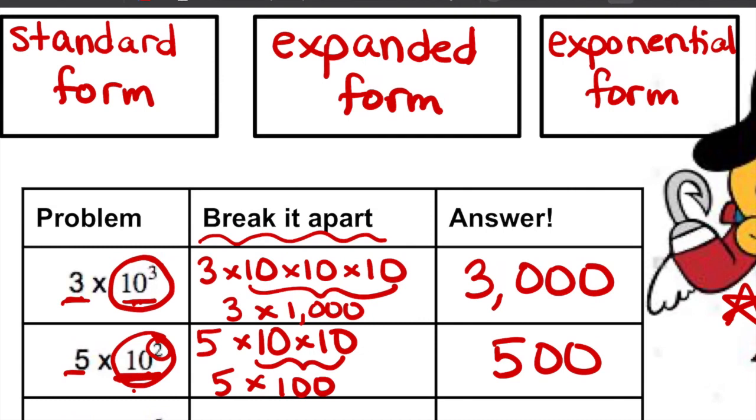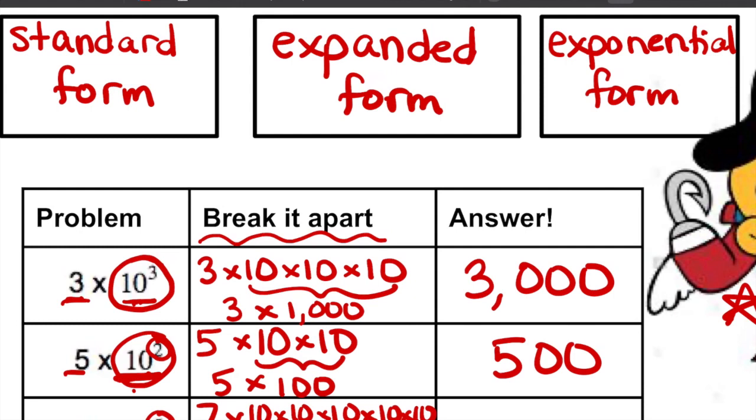And then lastly, 7 times 10 to the power of 5. If we break it apart, 10 to the power of 5, we're multiplying 10 by itself 5 times because the exponent tells us. So 10 times 10 times 10 times 10 times 10. 10 times 10 is 100. 100 times 10 is 1,000.